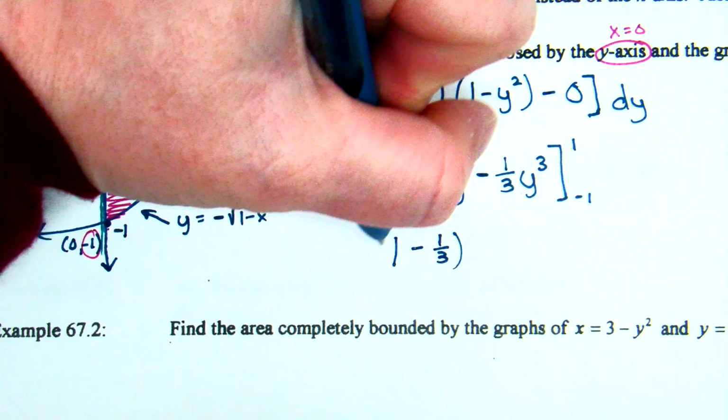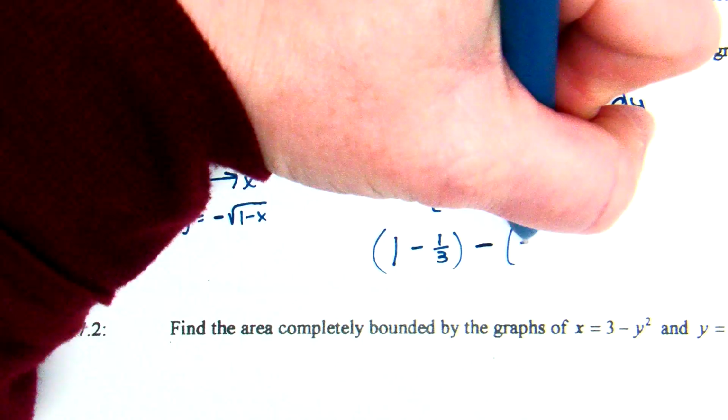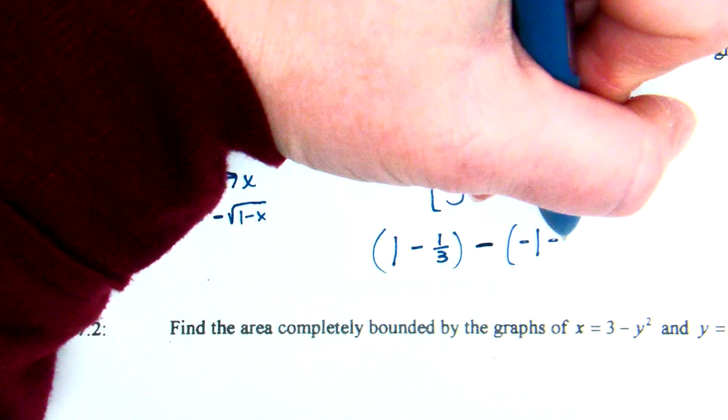And then we're going to subtract. And now we're going to put in negative 1. Yes. I was stopping to think. So it's negative 1, it's minus 1/3 y cubed. So that'd become minus negative 1/3, so plus 1/3.